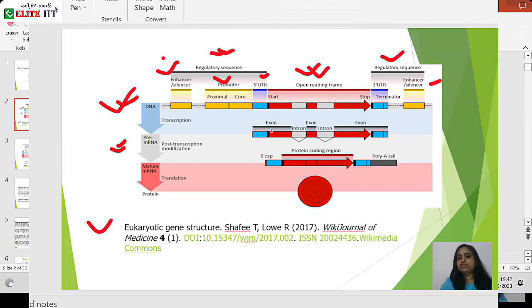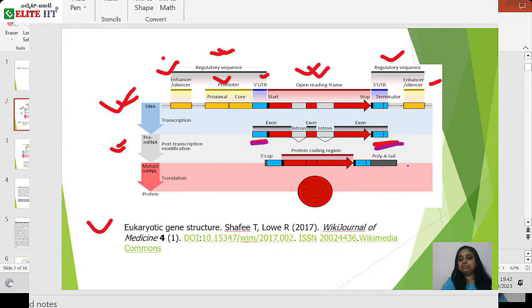That means intron, exon, and a few UTR regions. Blue color is for the UTR region. So in pre-mRNA, intron is present, exon is present, plus a few UTR regions. When it matures to mRNA, only exon and UTR region are present.